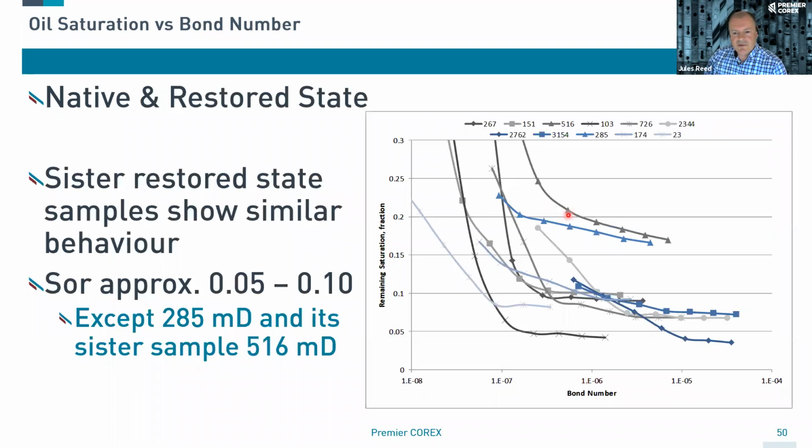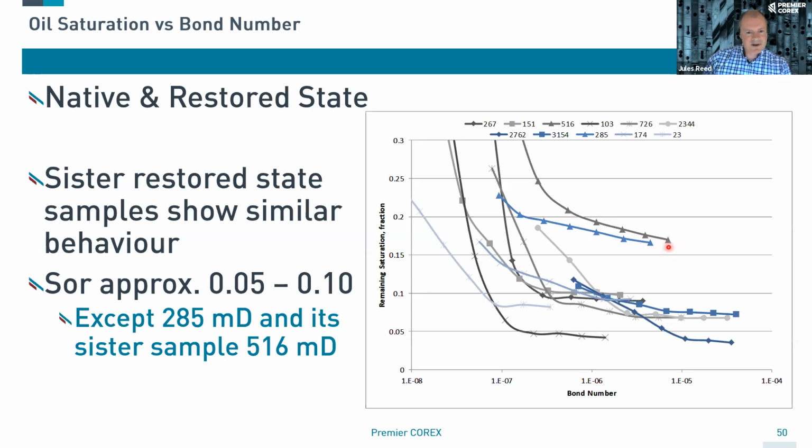In this next one, sister samples were taken. They were taken alongside those native state samples and went through a restored state procedure. And what we see is very similar residual oil saturation. So again, most of the residual oil saturation is 5 to 10%, but this sample again has not achieved it, and we've got up to 10 to the -5.